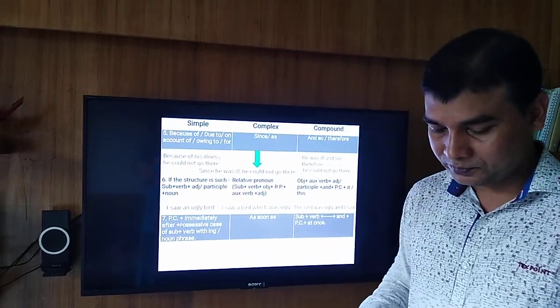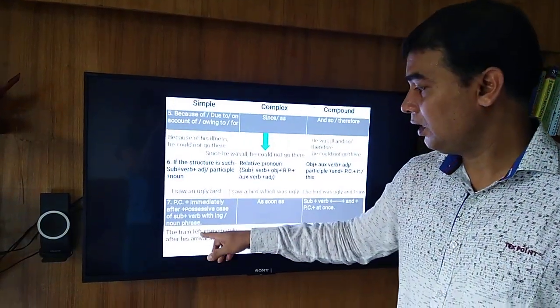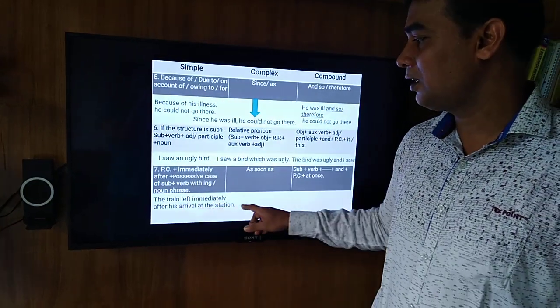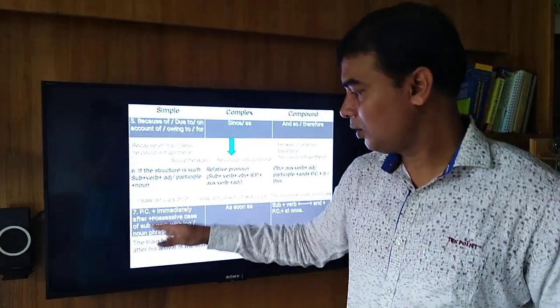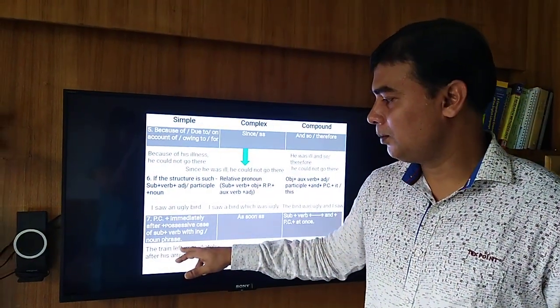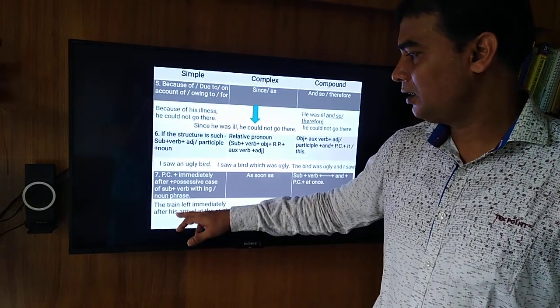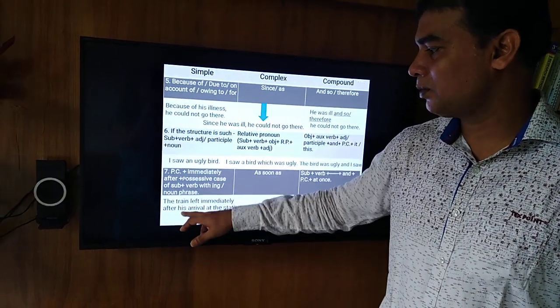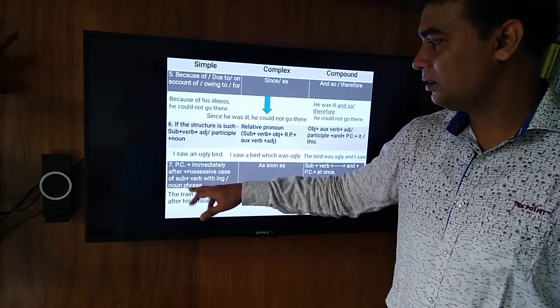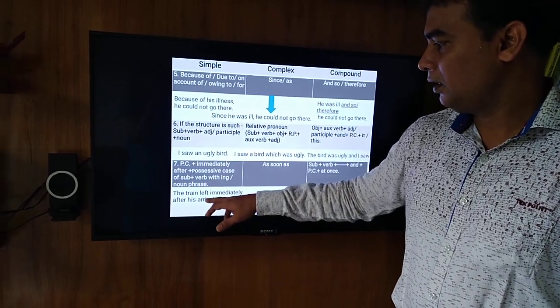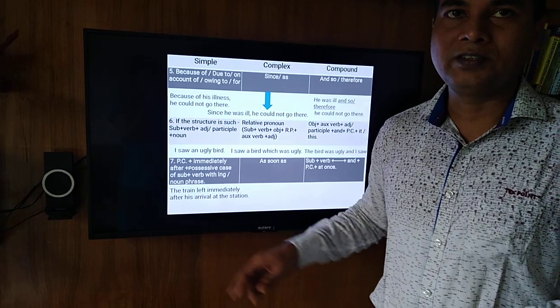So you see, the train left immediately after his arrival at the station. Okay, now follow the example. The train left, this is a principal clause, then immediately after, and then his, this is the possessive case of the subject, then arrival at the station, this is a noun phrase.